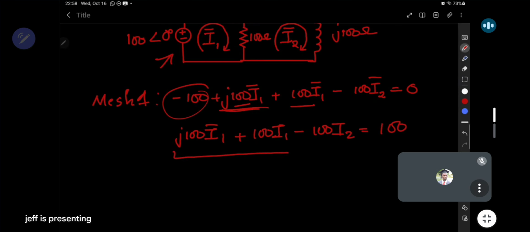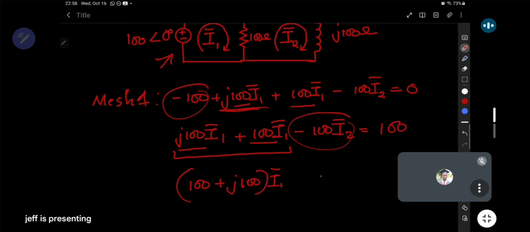These two here have I1, so I'll group them and factor out I1. When I factor out I1, this will remain as just 100, this will be 100J. So basically, I'll start with the real part 100 plus J100, and here we have factored out I1. Then next, only this term will be left, and for that term, it comes with minus 100 I2.